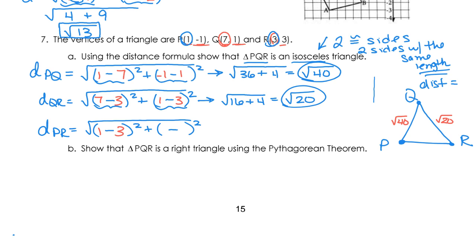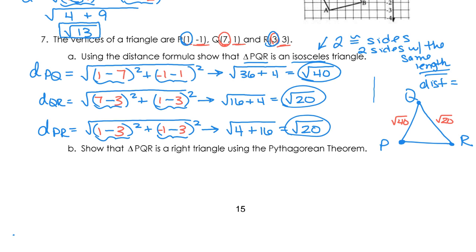And their y-coordinates are negative 1 and 3. 1 minus 3 is negative 2, and negative 2 squared is 4. And 1 minus 3 is negative 4, and negative 4 squared is 16. And when we add them together, we get the square root of 20.